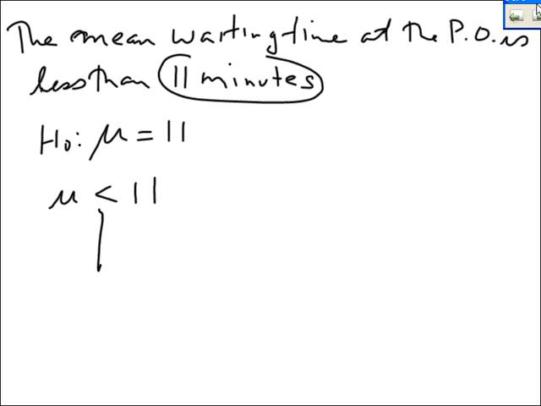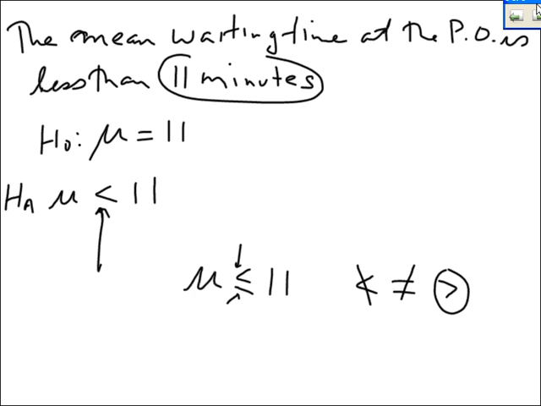Since that does not have the equal symbol, I will call that my null hypothesis. If by chance it said the mean waiting time is less than or equal to 11 minutes, well, I can't use either of those two symbols. I can't use the less than, I can't use the equal. Well, there's only one left, and that's the greater than.